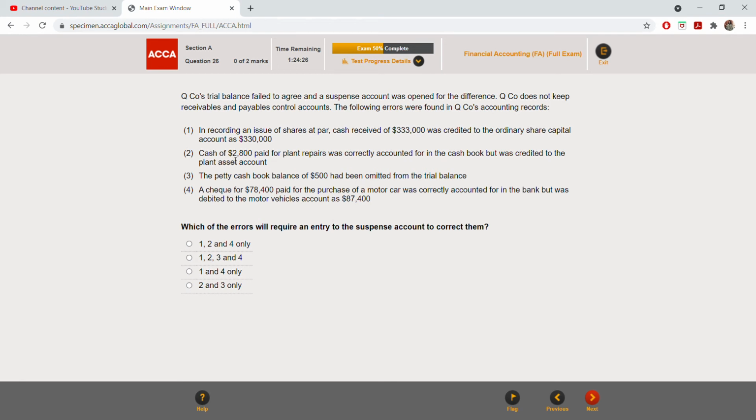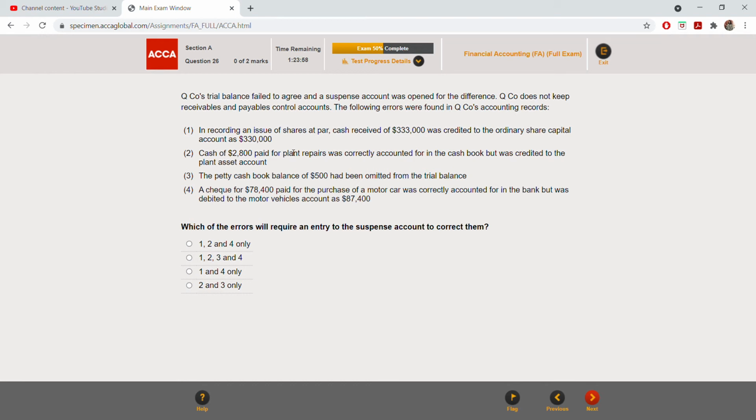Second one, cash of 2,800 paid for plant repairs was correctly accounted for in the cash book but was credited to the plant asset account. This one, okay, paid for the plant repair. Read it again.